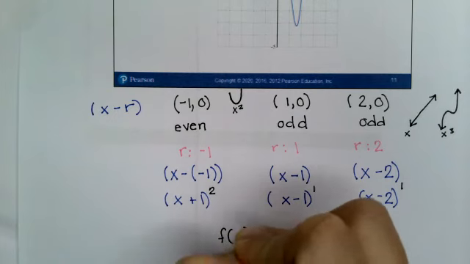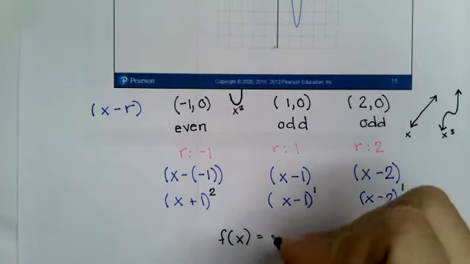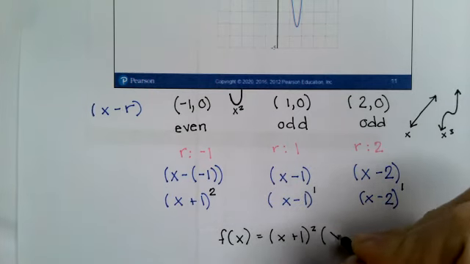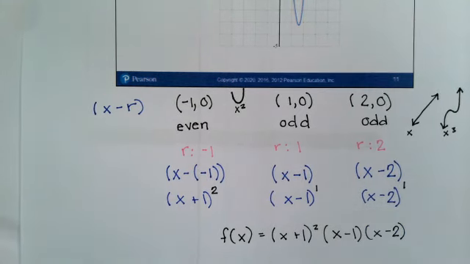All right. So we have f of x equals (x plus 1) squared times (x minus 1) times (x minus 2), right?